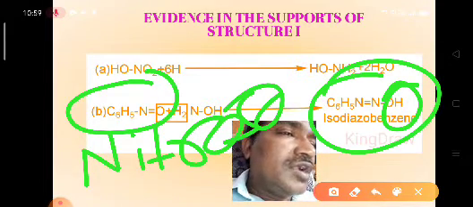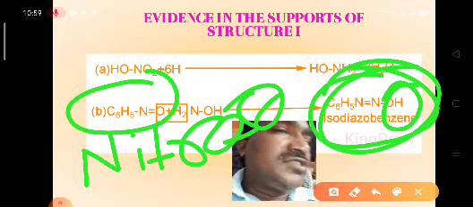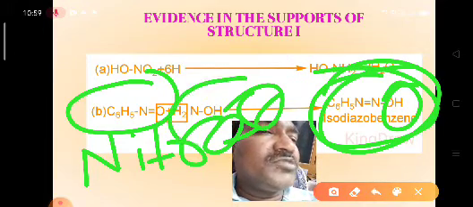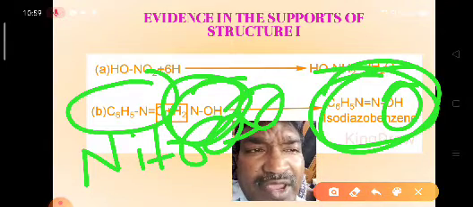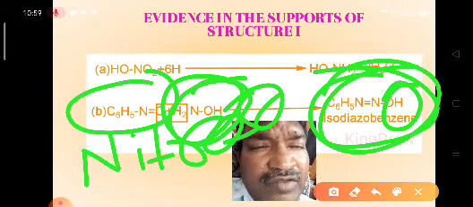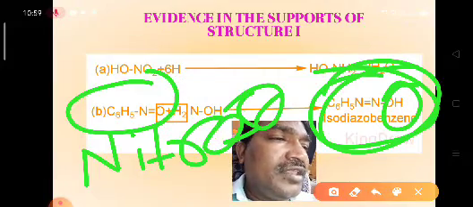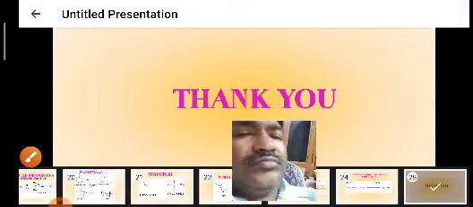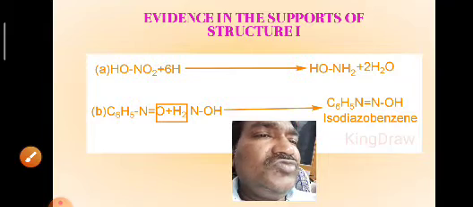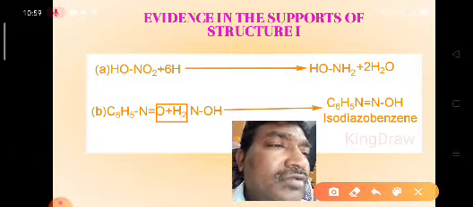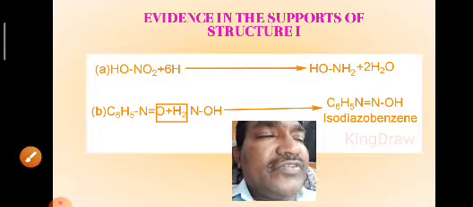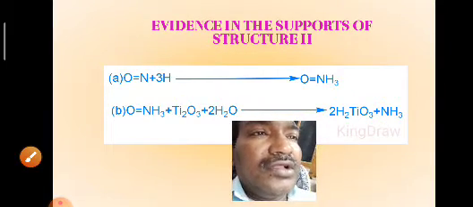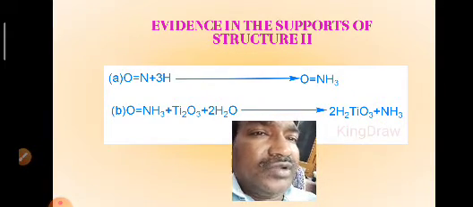So in order to get this isodiazobenzene, the structure of hydroxylamine should be NH2OH. That means it should have structure 1. So by considering structure 1 only, we can explain this reaction. These two are the evidences in support of structure 1.